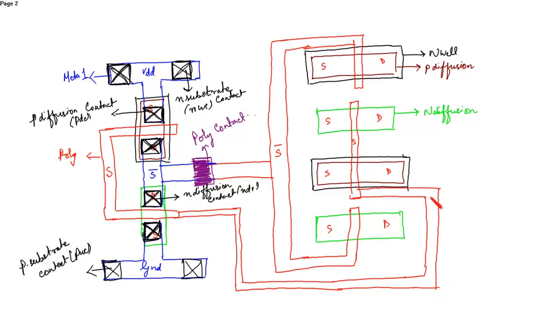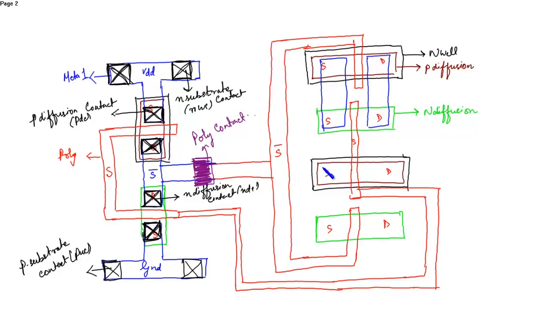Now after connecting S and S bar, you have to complete the connection between the sources and the drains of the transmission gate. The sources of the transmission gate are shorted, so source to source, then this is drain to drain.